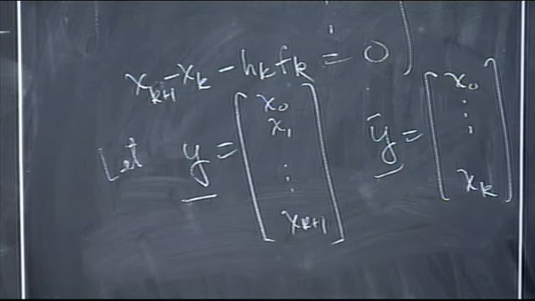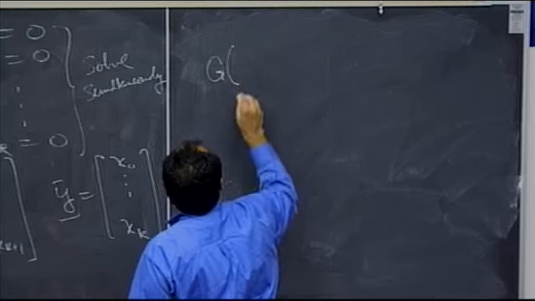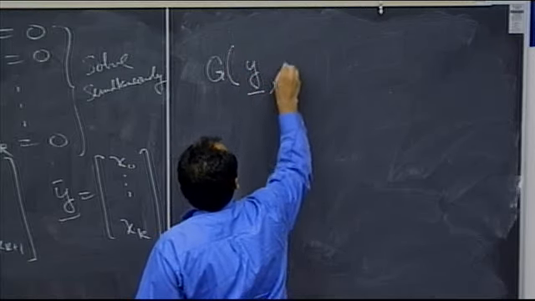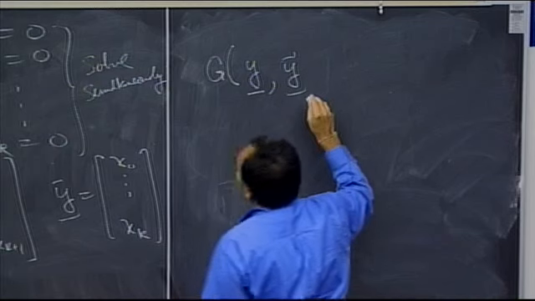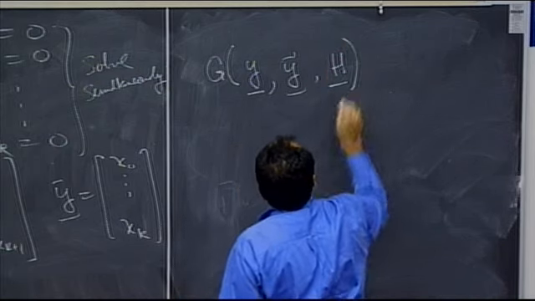I may not need that y tilde. So when you write this system out, you can see that I could construct a function g, which is a function of y, a function of y tilde, and a function of all the h's. Let's call the whole vector of h's h.